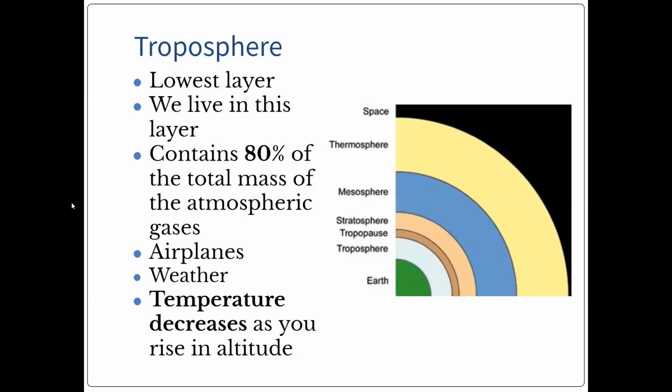The troposphere is the lowest layer. We live in it. This is where the majority of every living thing is. It contains 80% of the total mass, the majority of the mass of gas is at this level.